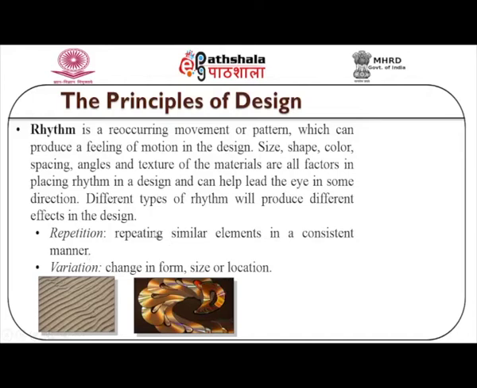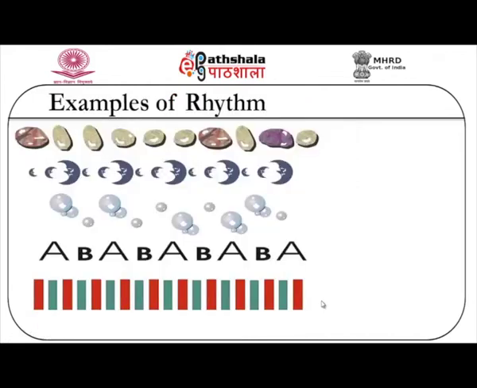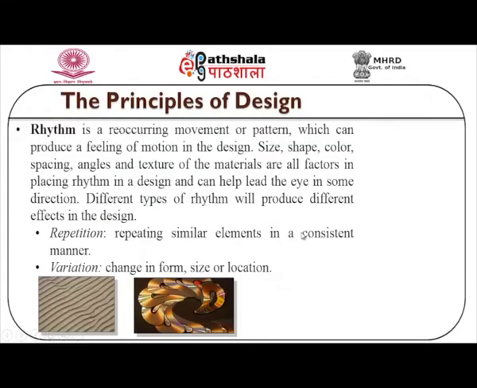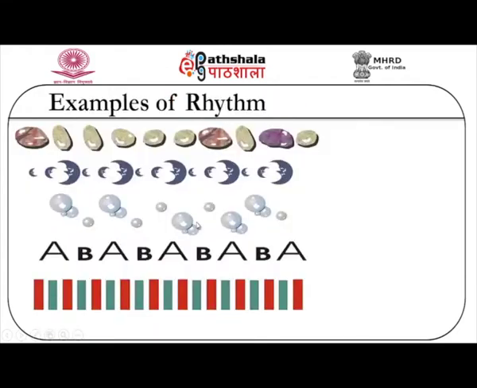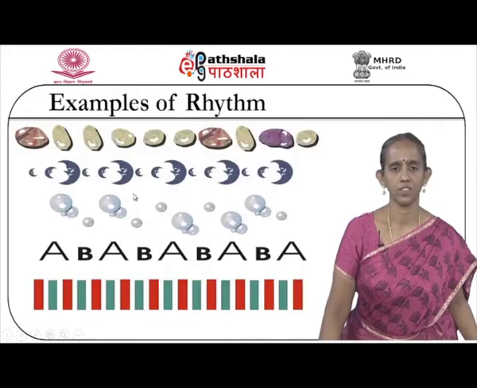It can be repetition, that is repeating similar elements in a consistent manner, or it can be a variation which is change in form, size or location. So these are examples of rhythms which try to convey a feeling of motion in the design. So these are different examples of rhythms.